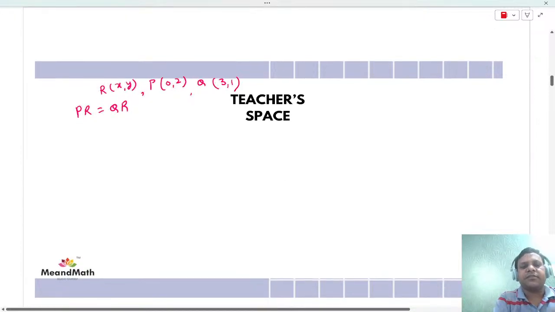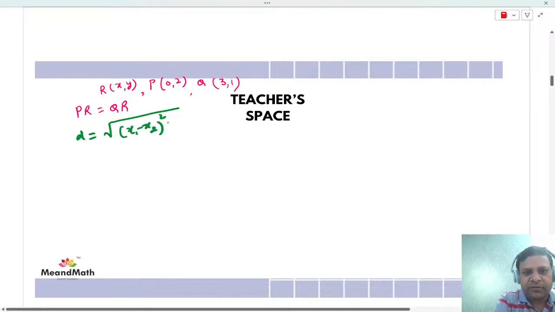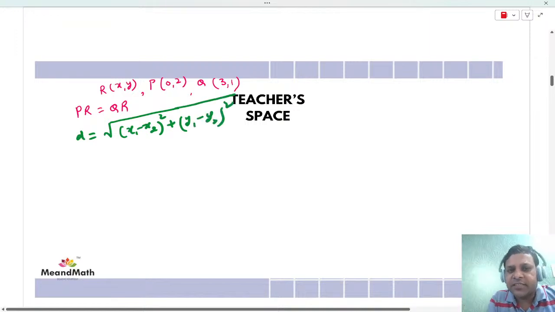Now use the distance formula. What is the distance formula? D is equal to the square root of (x1 minus x2) whole square plus (y1 minus y2) whole square. This is the distance formula. So PR is equal to QR.